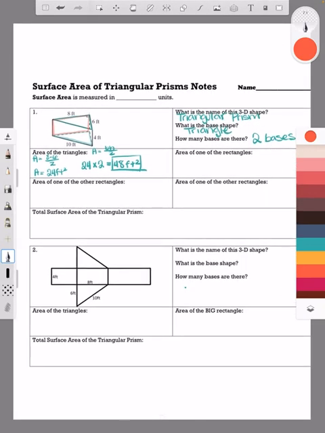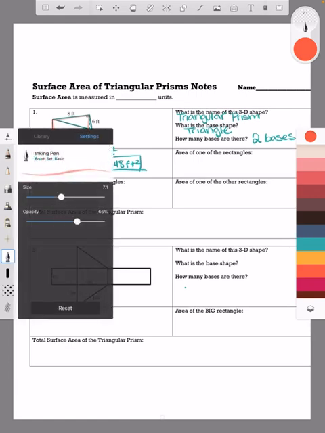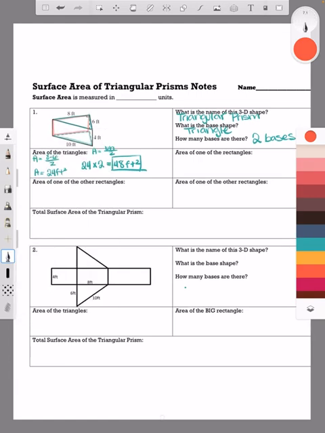So I'm going to multiply my base and my height. Remember, when we're finding the area of a rectangle, we're just multiplying base times height. So I know I'm going to multiply 8 times 6, because those represent my base and my height. And that gets me an area of 48 feet squared.